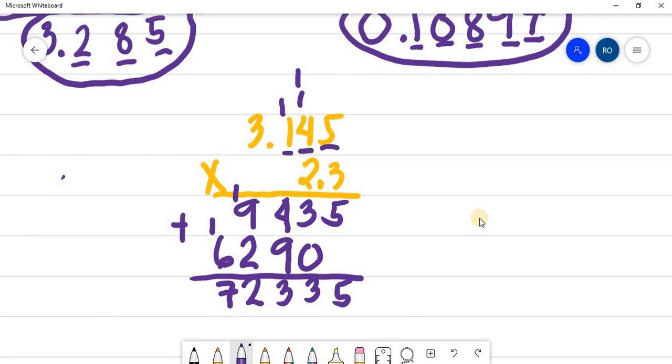The second number has 1. So the total decimal places is 4. We count 1, 2, 3, 4, and we place our decimal point here. So we have 7.2335, or 7 and 2,335 ten thousandths. So this is our product.